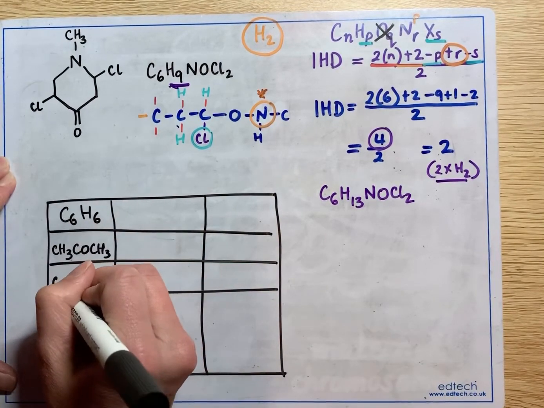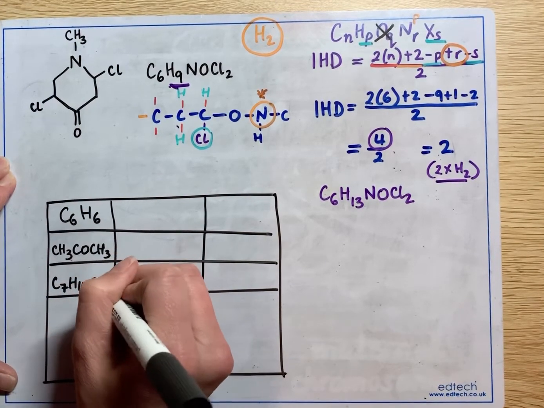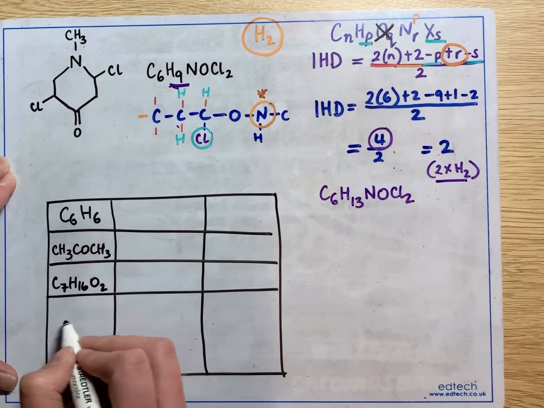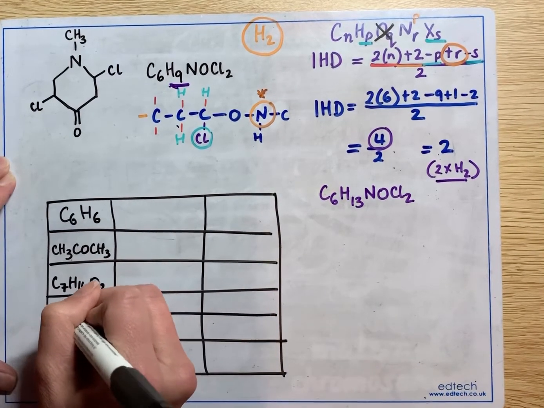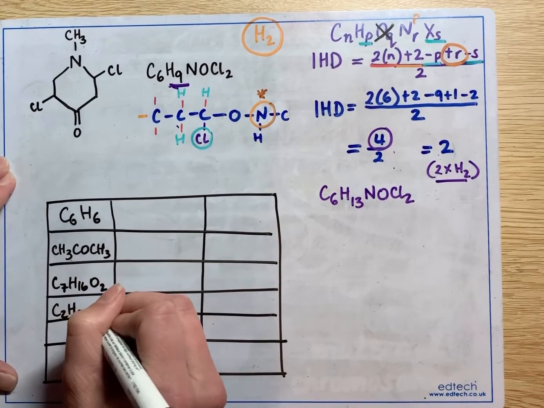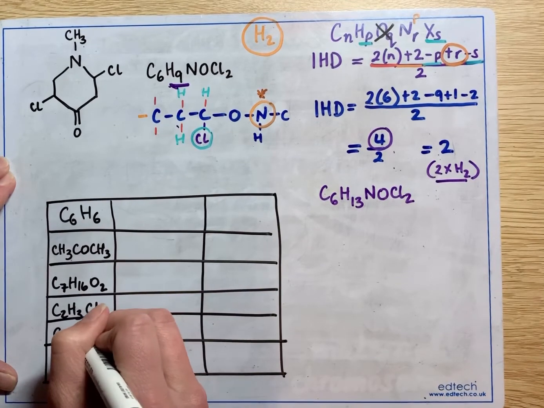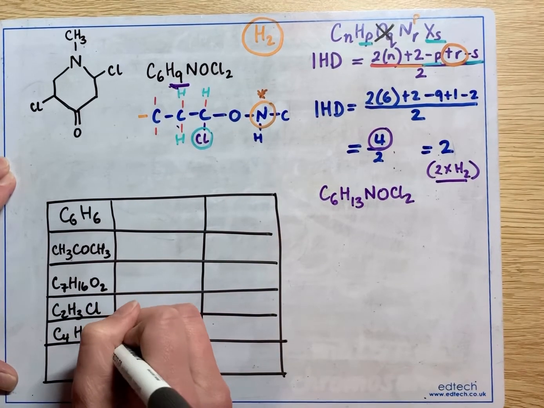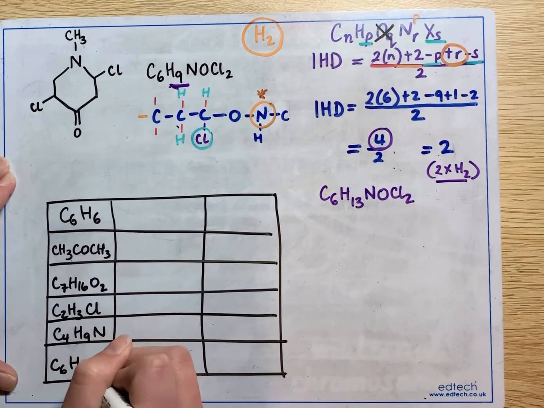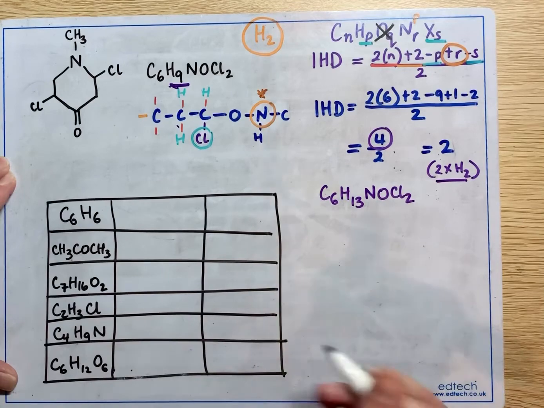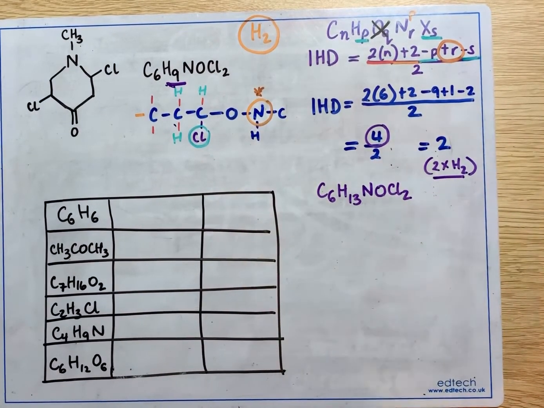You're not expected to know how that could be arranged, and it's not important anyway. Okay, so they're the examples in the book that we're given.